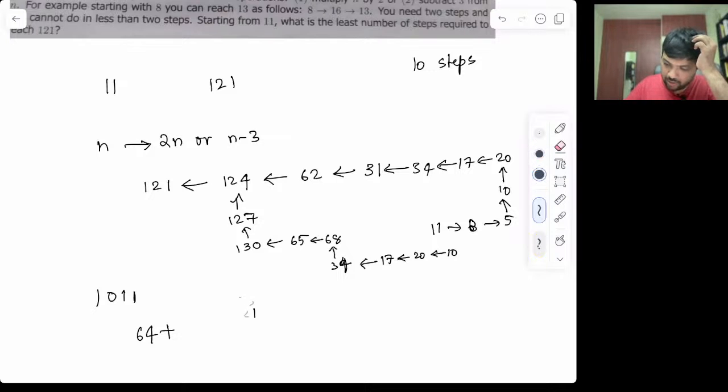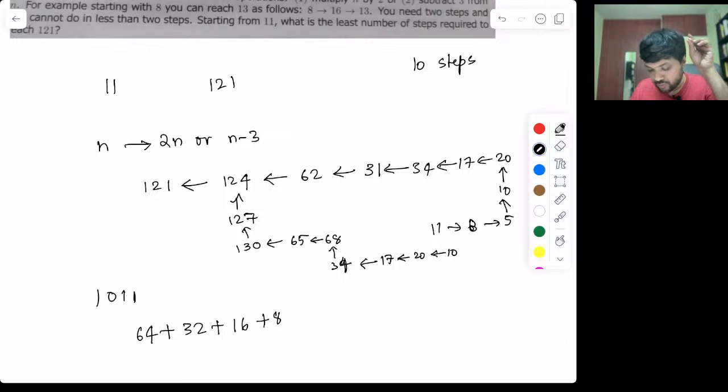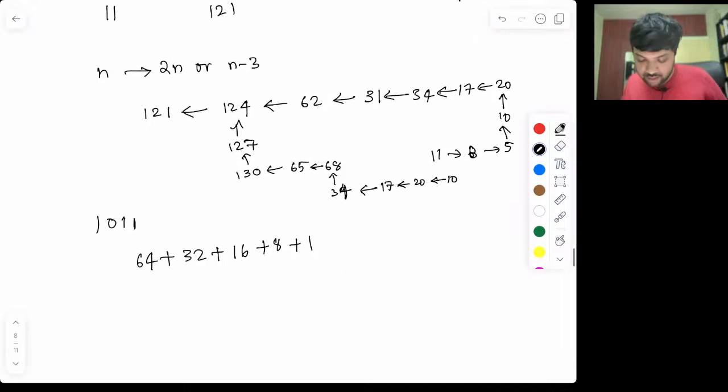So then you keep adding, okay, so 32 plus 16, I guess, plus 8. 32 plus 16 is 48, 64 plus 48 is 112. 112 plus 8, and then 1. I'm hoping it's correct. 104, 120, 121, correct, I think.